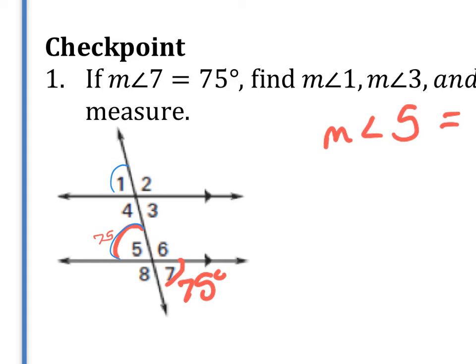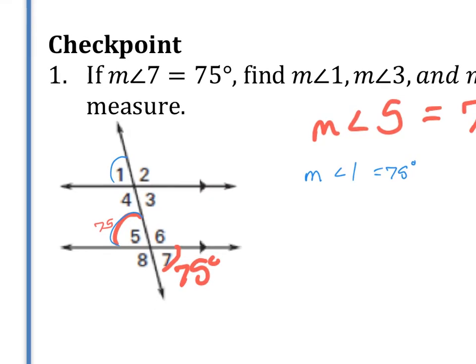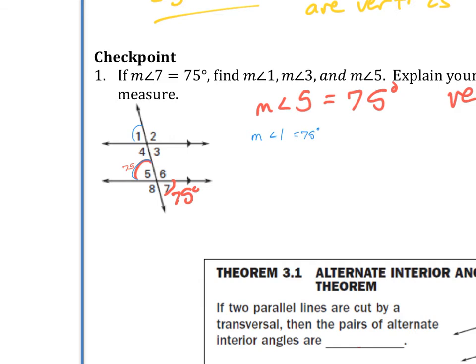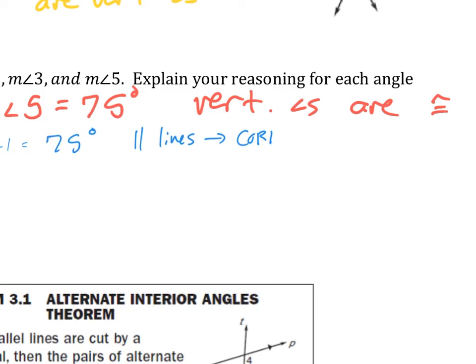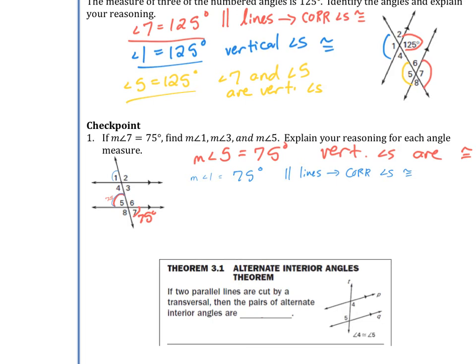So we would say the measure of angle 1 is equal to 75 degrees because parallel lines means corresponding angles are congruent. So since angle 1 and angle 5 are corresponding angles, they're both 75 degrees.